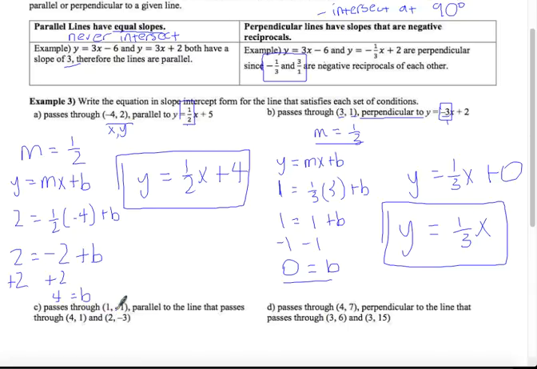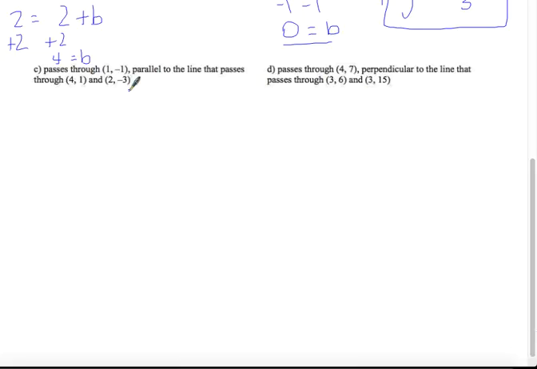So now we have a line that passes through 1, negative 1, and parallel to the line that passes through 4, 1 and 2, negative 3. So we have a bit more information here. From these two points, I need to get the slope. And then I'll use this other point to find the equation of my new line. So let's call this x1, y1, and this one x2, y2.